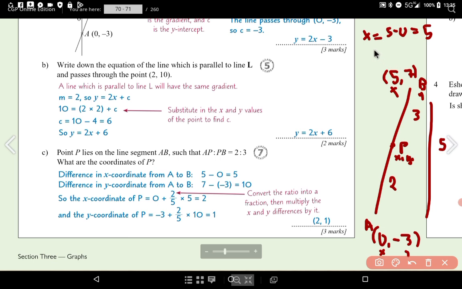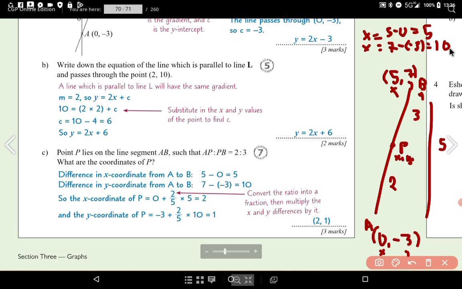So the difference in y is simply going to be 7 minus -3. So negative, that's a plus. So this should give us 10.